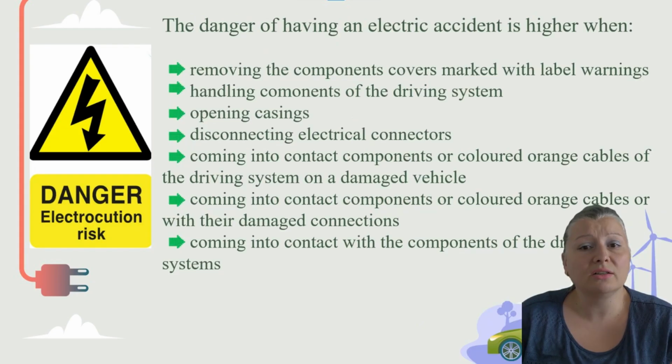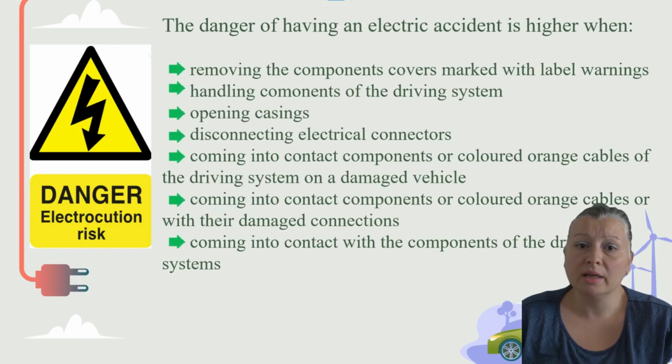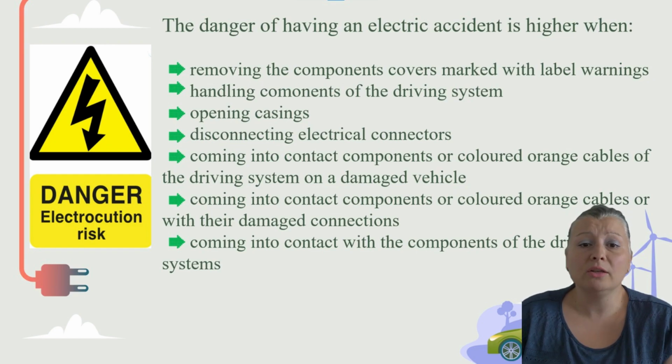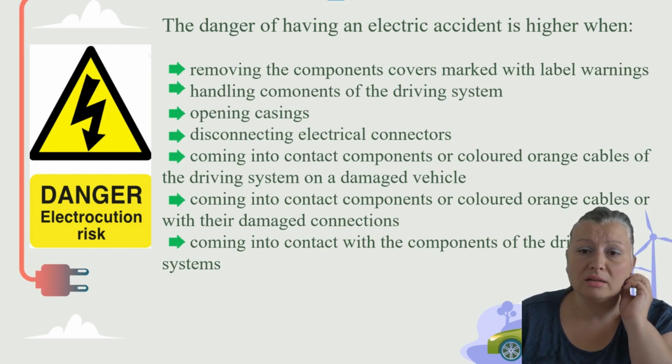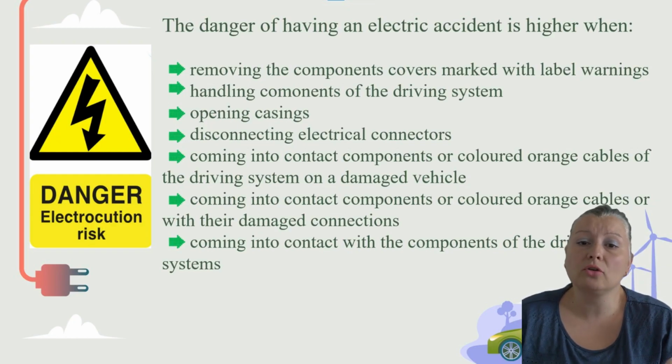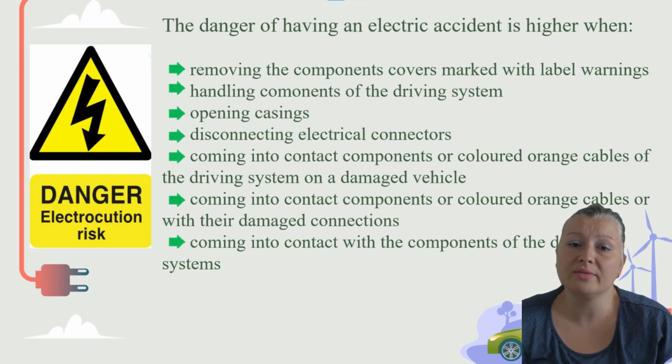The danger of having an electric accident is higher when you remove the components covers marked with label warnings, handling components of the driving system, opening casings, disconnecting electrical connectors, coming into contact with components or colored orange cables of the driving system on a damaged vehicle, coming into contact with components or colored orange cables or with their damaged connections, coming into contact with the components of the driving system.